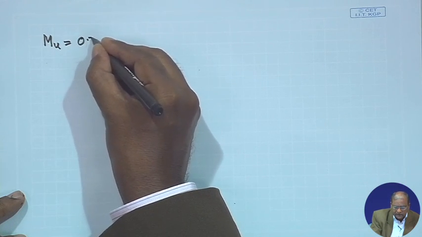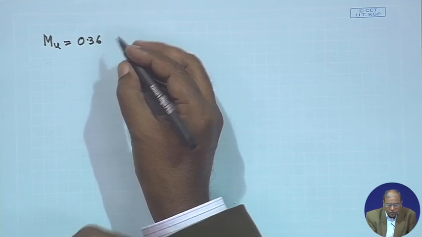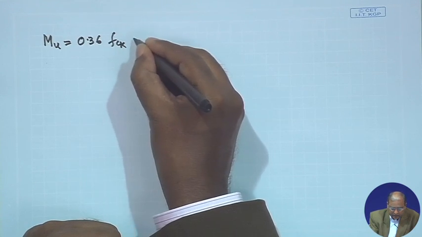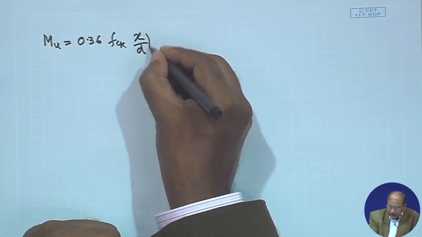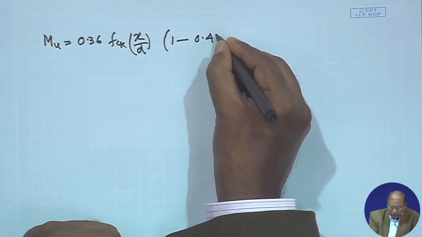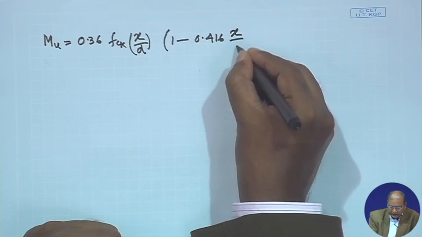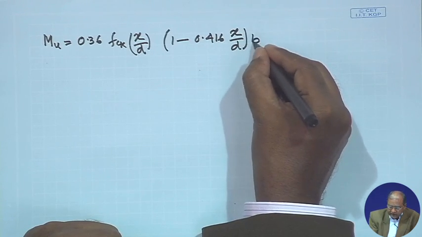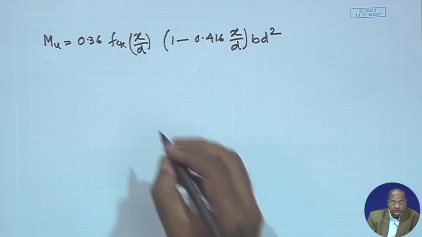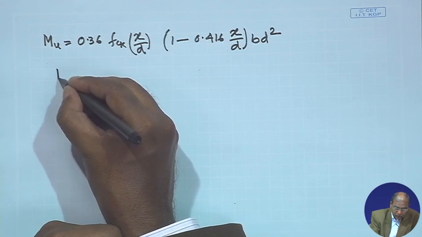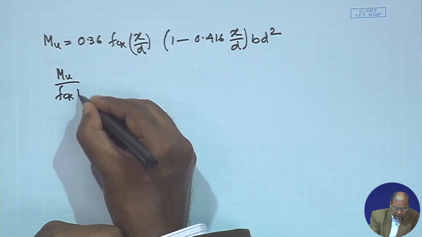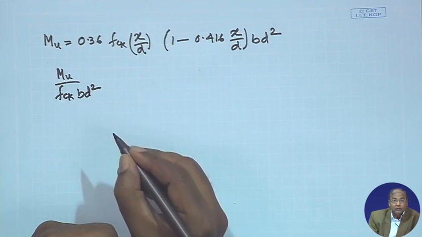So, 0.36 FCK x by d into (1 - 0.416 x by d) b d square. This equation will give you FCK b d square.